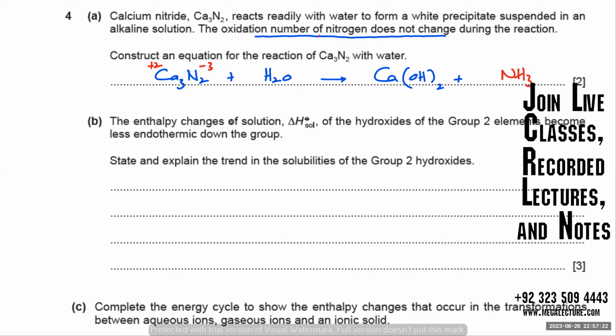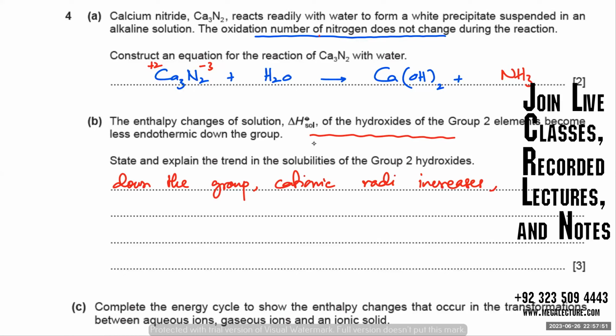So here's your 3-mark question. Typically, he's asking you to explain the enthalpy of solution. Why does it become less endothermic down the group? So what you're going to write is that down the group, cationic ionic radius increases. So both delta H breaking the lattice, which is lattice energy, and the ions forming bonds with water, that's hydration, they both decrease.